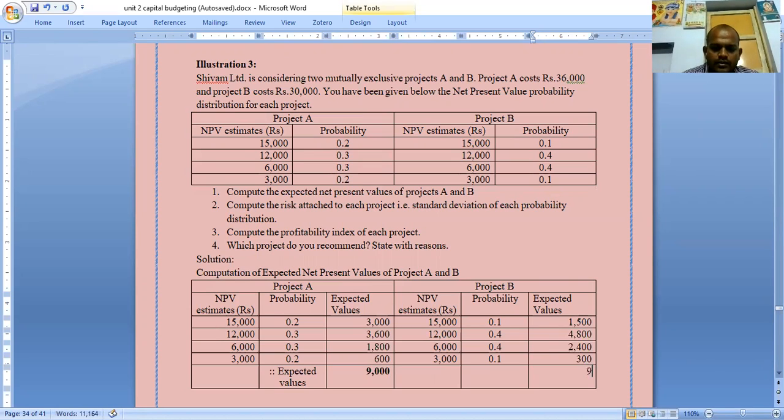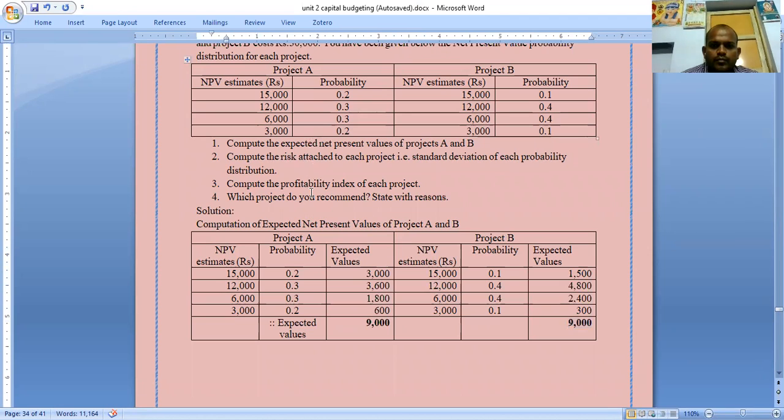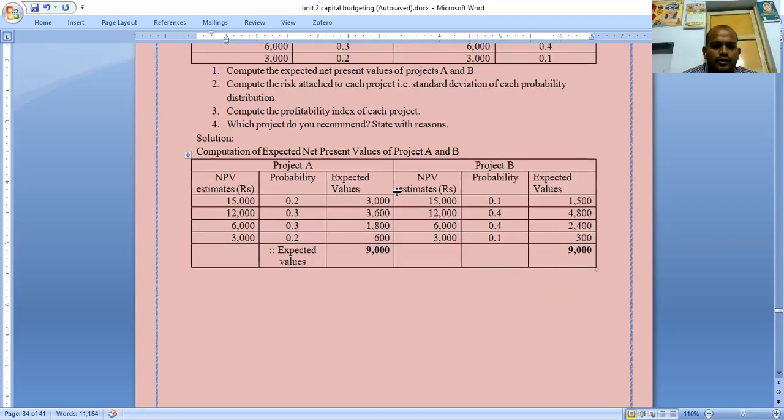Total will be 9,000. So with this, expected net present values of project A and project B is over.